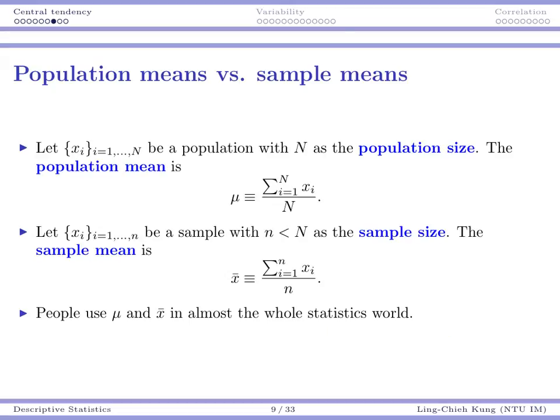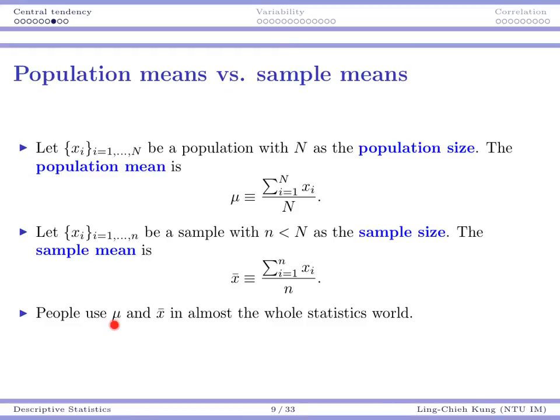In the world of statistics, almost always people use mu to denote population mean and use x bar to denote sample mean. So in the future, if you write any kind of reports regarding population mean or sample mean, using these two symbols would be the best choice, because that allows people to understand what you are talking about.